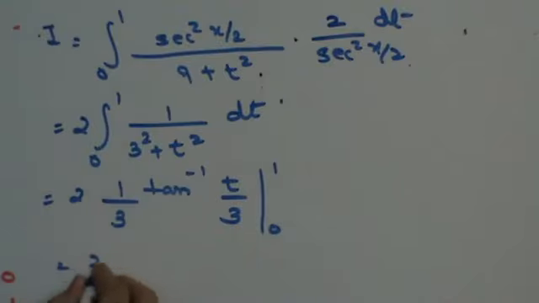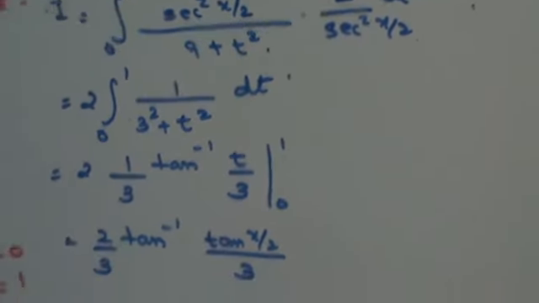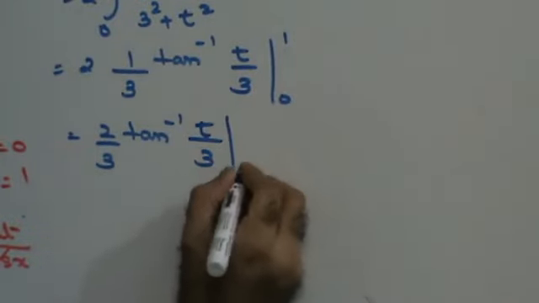So this is going to be 2 by 3 tan inverse of t/3. We have assumed t to be tan x by 2. Right? Instead of substituting, you just write this as it is, tan inverse of t by 3, from 0 to 1.